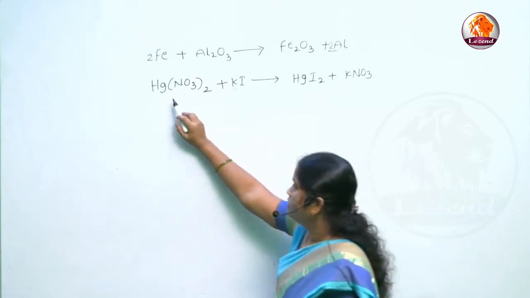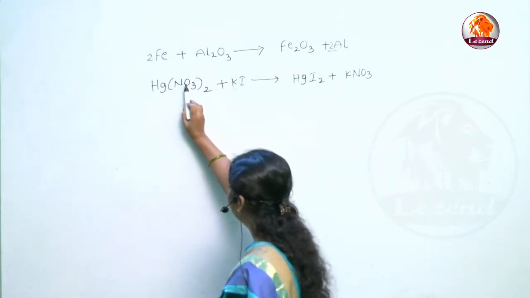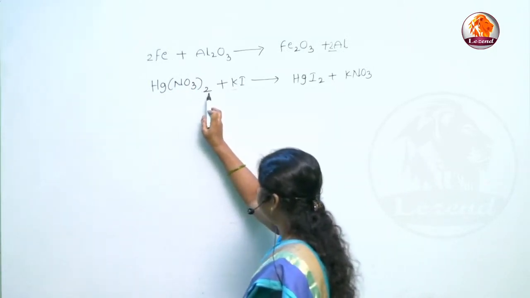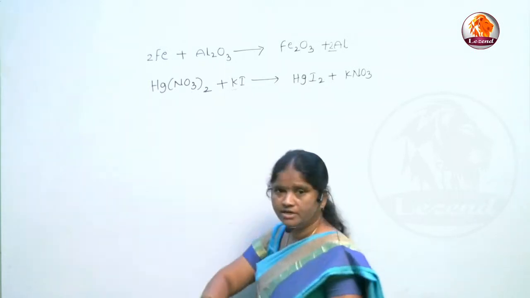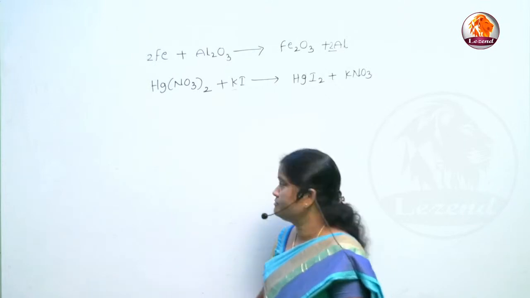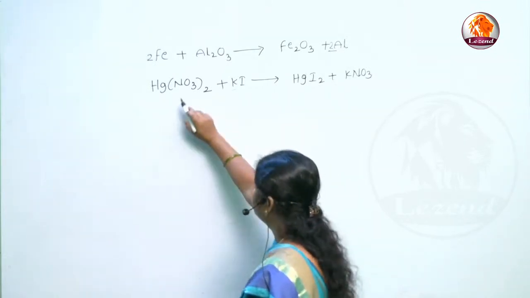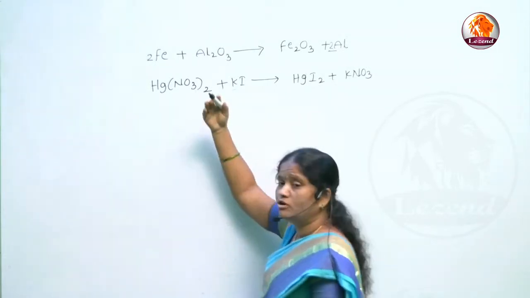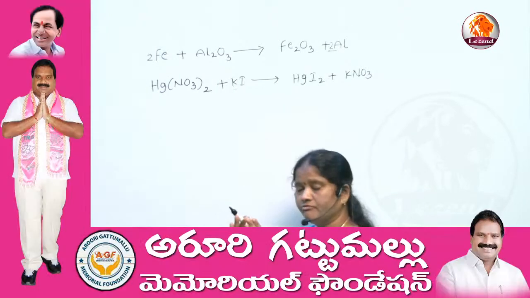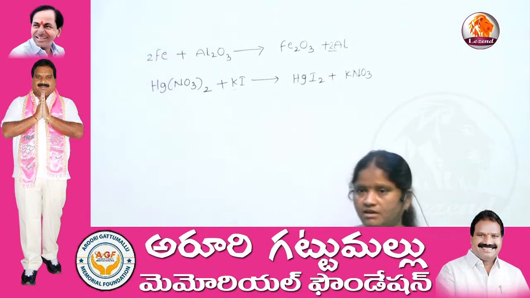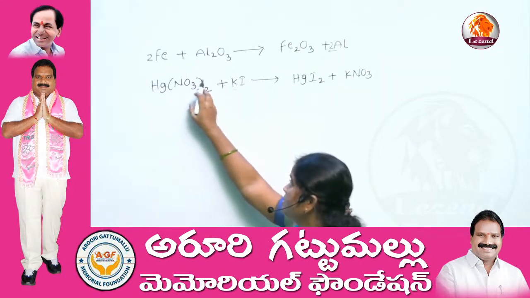If we look here at NO3, why is it written in a bracket, with 2 taken? Hg(NO3)2, mercuric nitrate. The 2 means this is a group of atoms, the ion NO3 minus. That's why we keep the group of atoms in a bracket and write its valency after the bracket.